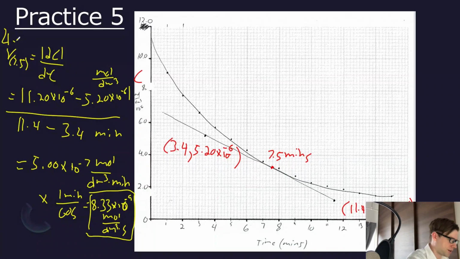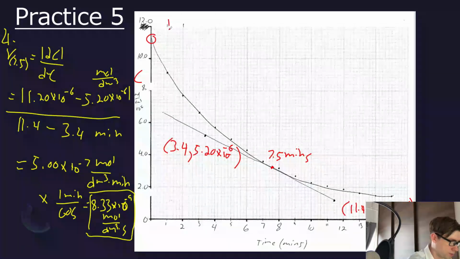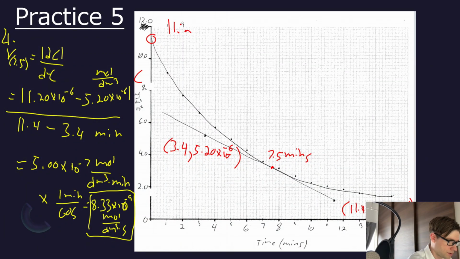And it's going to intercept right here. That looks to me like it's about 11.2 times 10 to the minus 6 mole per decimeter cubed.